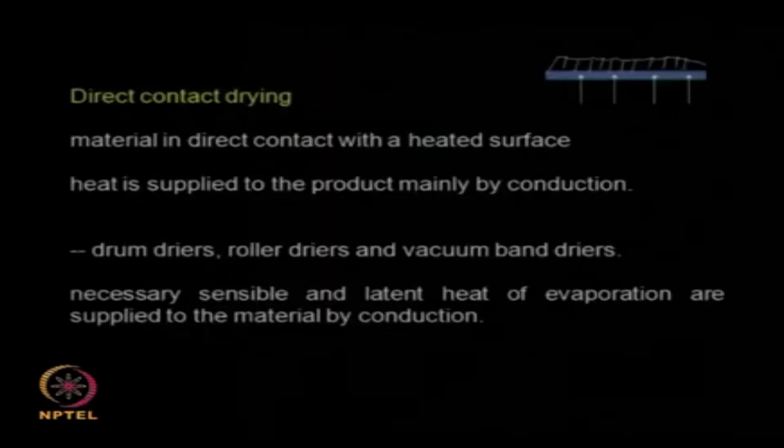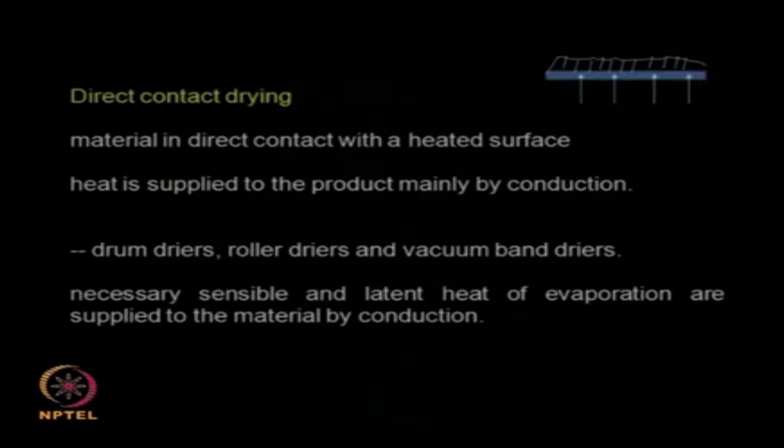Then you have the direct contact drying. That means the material which needs to be dried is in direct contact with the heated surface. So the heat transfer is through conduction. So the temperature is very high, the rate of drying is also very high, like a drum dryer.